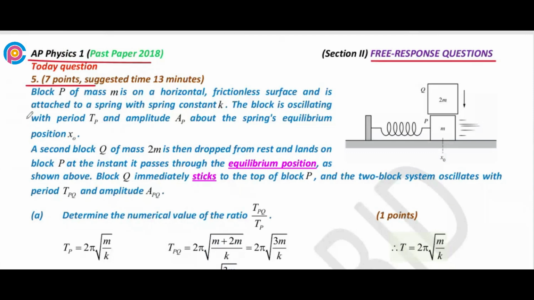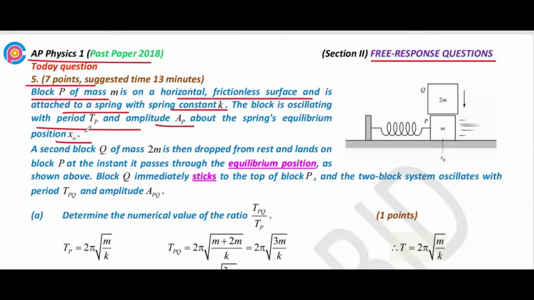In this question, it says the block P of mass M on a horizontal frictionless surface is attached to a spring, and the spring constant is k. The block is oscillating with period Tp and amplitude Ap, and the spring equilibrium position is x naught.